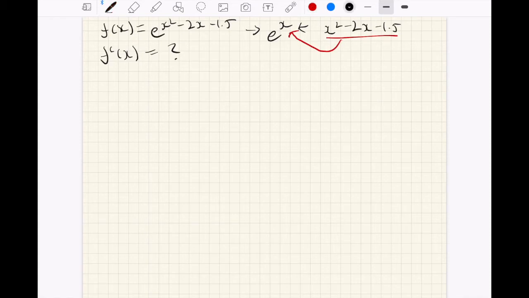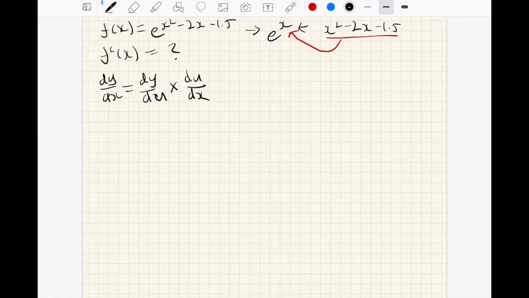So what do I do with that information? Let's look at what the chain rule is. The chain rule tells us that dy/dx is dy/du times du/dx. Where do I get those y's and u's?